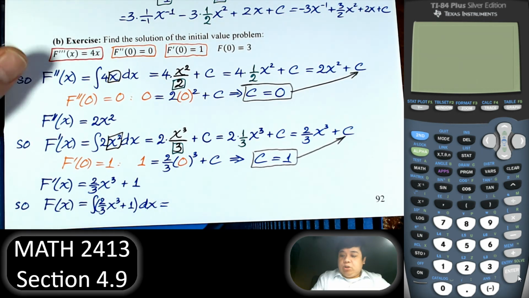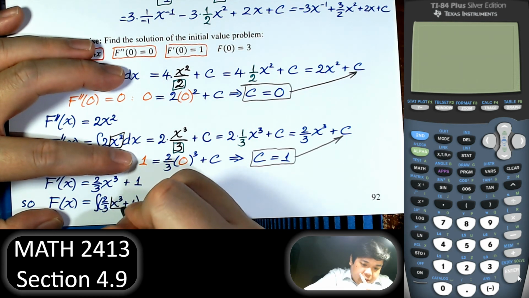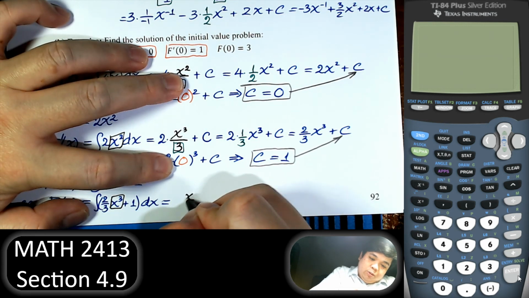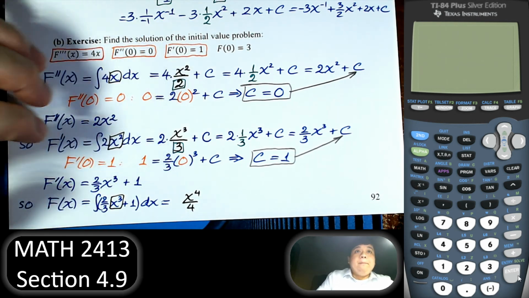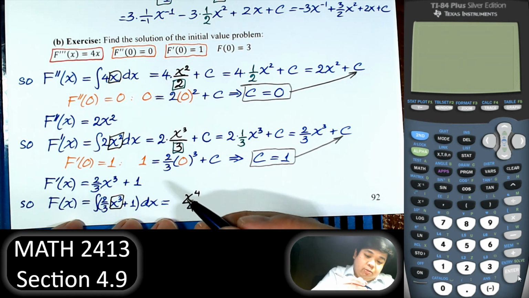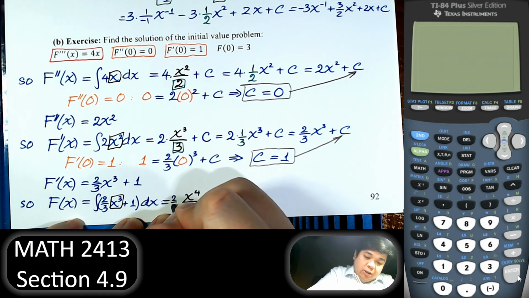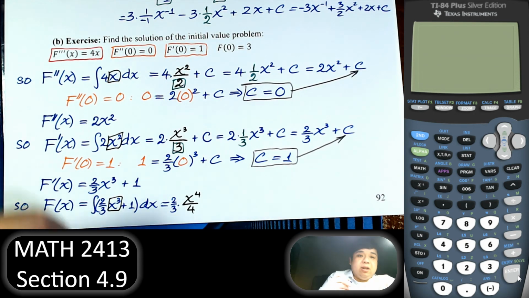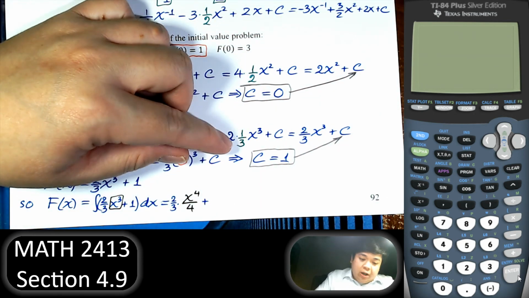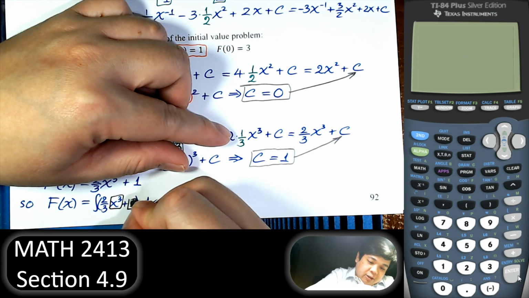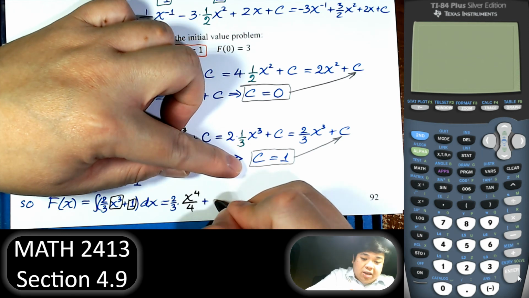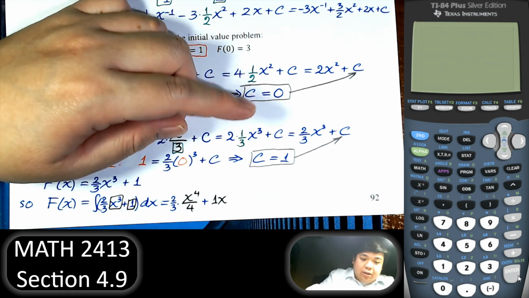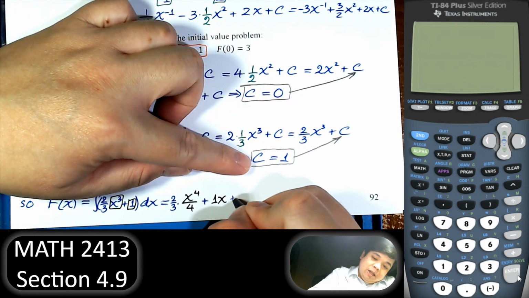And once again, we use the power rule. x cubed will be x to the 4 over 4, times 2/3. The integral of the constant 1 will be just 1 times x plus the constant c.